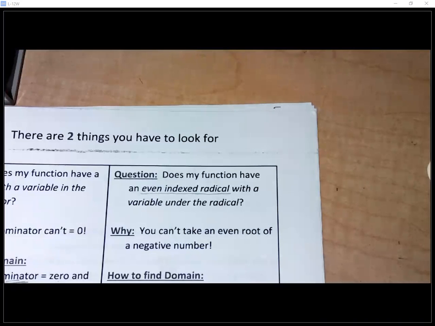Can you take the square root of -8? Not without dealing with imaginary numbers, right? So we're only looking at the real number system. I can't take the square root of a negative number. Can I take the cube root of a negative number? Yeah, -8's cube root is -2. It's no problem, because -2 times -2 times -2 is -8. Can you take the 4th root of a negative number?